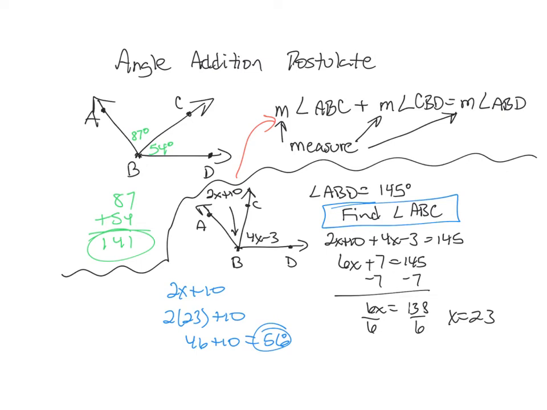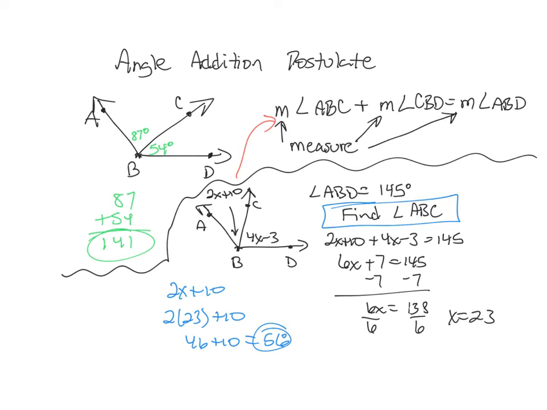Okay, so like I said, most of your problems today are going to deal with segment addition. Some of them using numbers, some of them using letters, or excuse me, variables, 2x plus 10, stuff like that. Remember, to use angle addition, you're going to have to know something about each part and the whole thing.